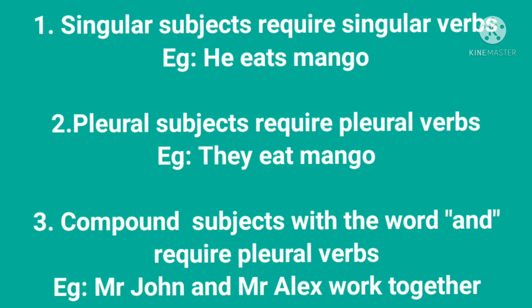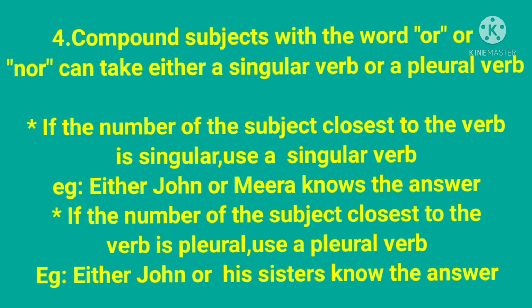Compound subjects with the word and require plural verbs. Let's see the example. Mr. John and Mr. Alex work together. To simplify, singular subjects require singular verbs, plural subjects require plural verbs, and compound subjects with the word and require plural verbs.